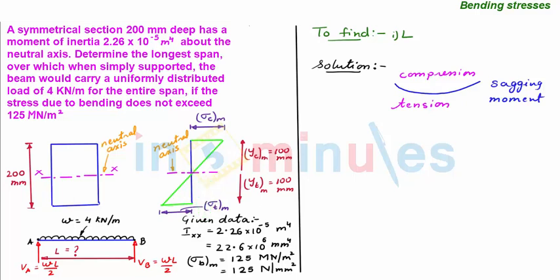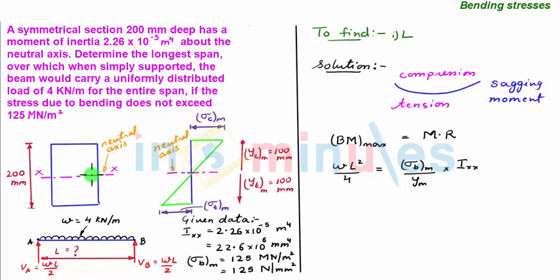Since a rectangular section is symmetrical about the centroidal x-axis, we have sigma c max equal to sigma t max. For a given beam, we write the equation: bending moment maximum is equal to moment of resistance of the beam. For a simply supported beam with uniformly distributed load over the entire span, the bending moment maximum is given as WL²/8, and this is equal to the moment of resistance, given as sigma B max upon Y max into IXX.